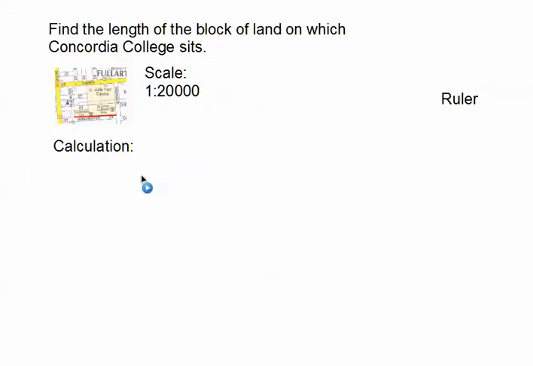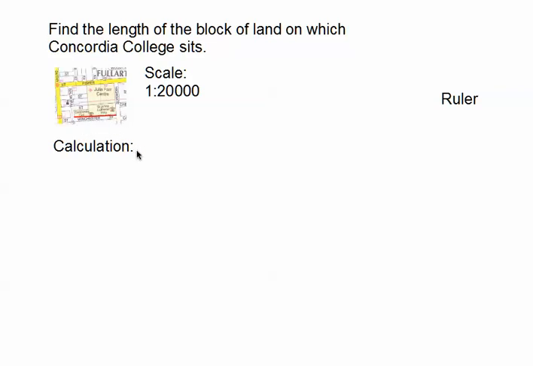So here's an example. Find the length of the block of land on which Concordia sits using this map. And the scale on the map is 1 to 20,000. In other words, the real length of the block of land will be 20,000 times what we measure it to be here. Now I've measured that with a ruler to be 2 centimeters.